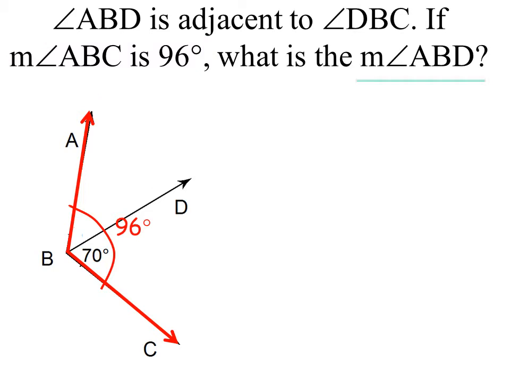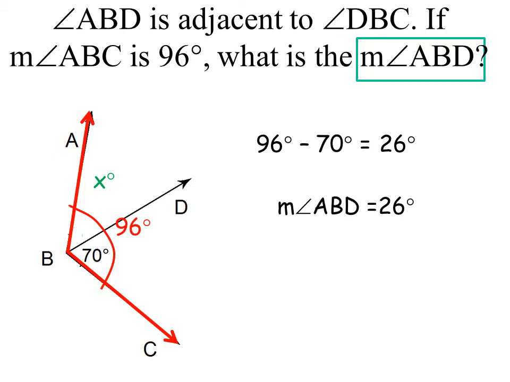And they want to know what is the measurement of ABD. Well, ABD is this angle right here. I don't know its measure, so I'm just going to call it x. Well, I know that the big angle is 96 degrees, and part of that is 70. So if I just say 96 minus 70, I would find out what the value of x is, which would be 26 degrees. So I know that the measurement of angle ABD is 26 degrees.